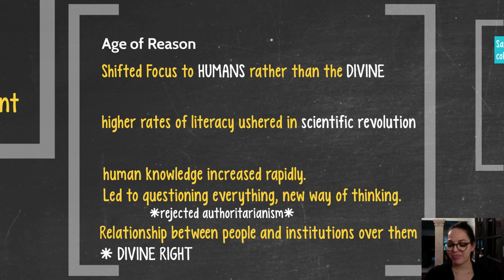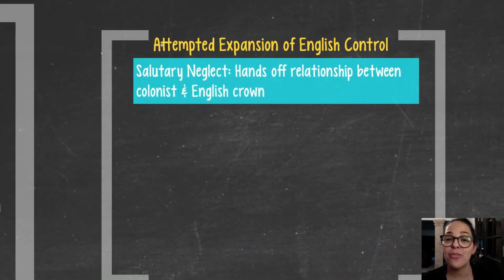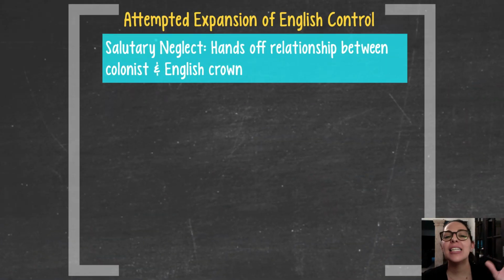So where all of that really develops is when England attempts to take away salutary neglect. Okay, they're trying to clamp down more and more on the English colonies.